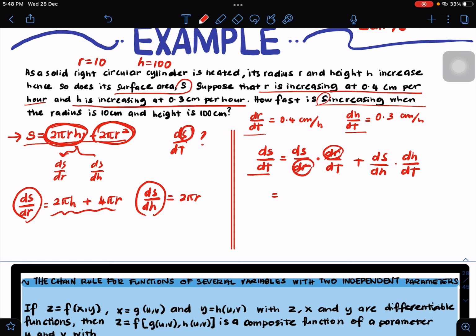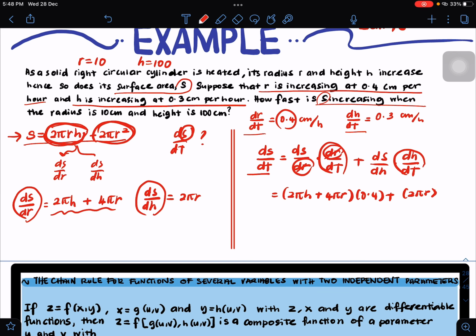Okay, so sekarang ni dS dr kita dah cari. Ini dS dr kita, 2 pi h tambah 4 pi r. Okay, dr dt dia dah bagi 0.4. Tambah, okay, dS dh kita 2 pi r, dh dt dia dah bagi 0.3. Okay, so ini adalah dS dt yang kita cari.